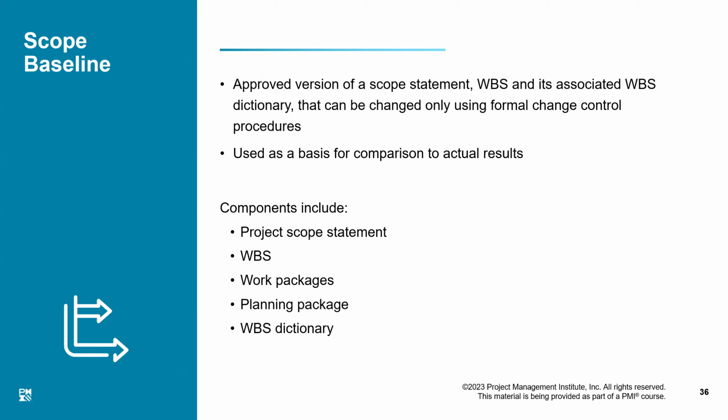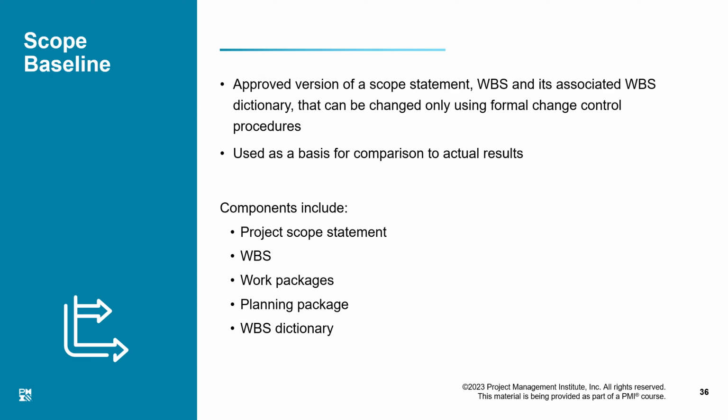So we leave it as a black box of planning, and we call it a planning package. Whenever and howsoever the data becomes available, we replace the assumed data with the facts, and that is the point when the planning package would be further broken down into work packages.